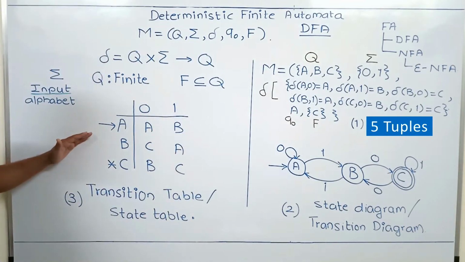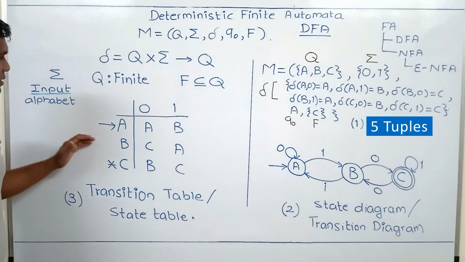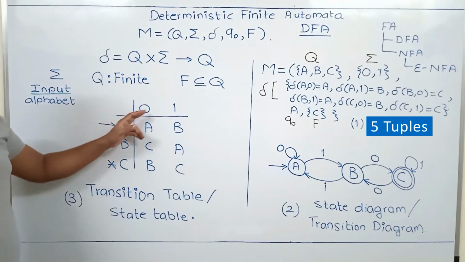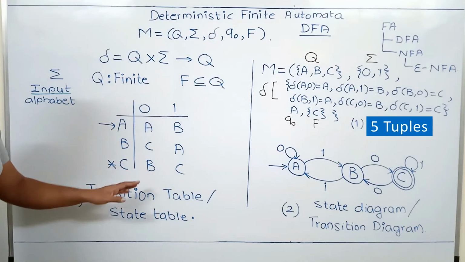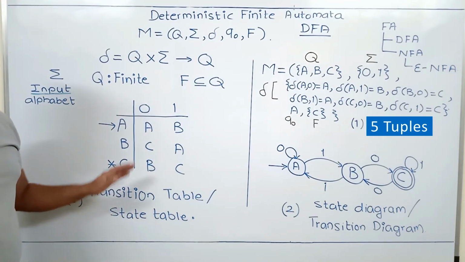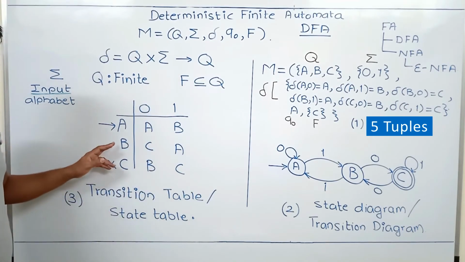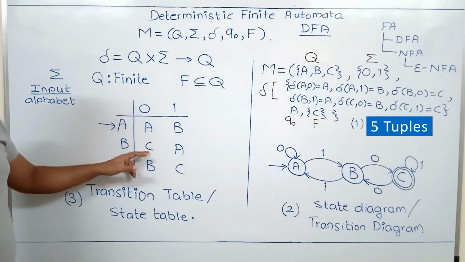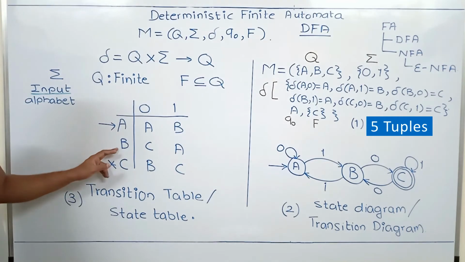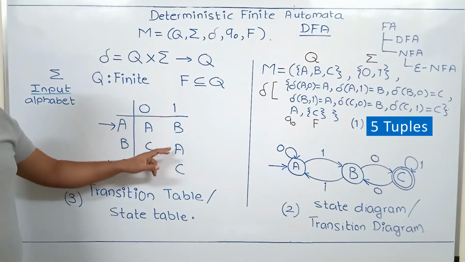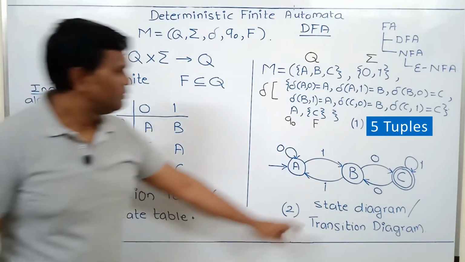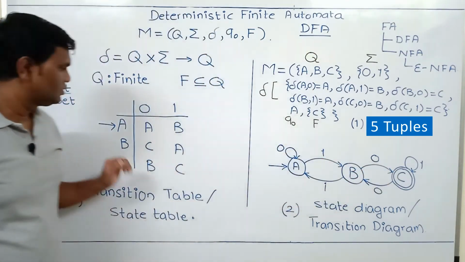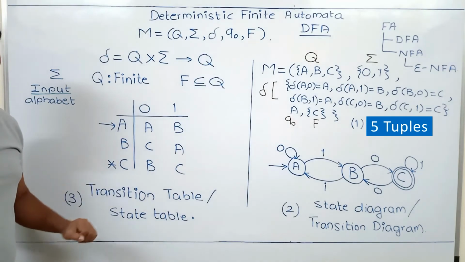This is the transition table. So A, B, C, these are states. Input alphabet contains 0 and 1 and the transitions are represented using table format. So B, if it reads 0, the DFA will go to C. DFA while in B, if it reads 1, it will go to A. B on 0 goes to C, B on 1 goes to A. So it is represented in table format.